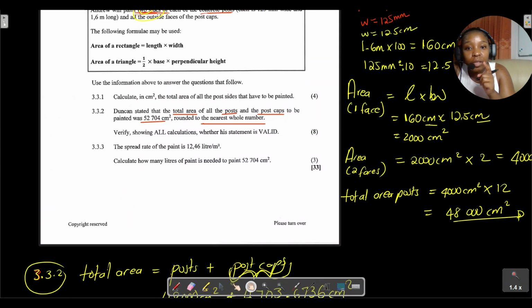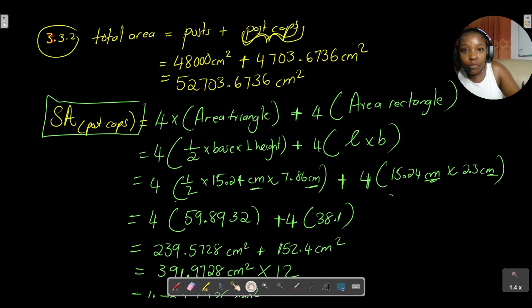Round it to the nearest whole number. So we want to round off this value to the nearest whole number. We've got a 6 here, so this 6 is going to make that 3 a 4. So it's approximately 52704 centimeters squared.